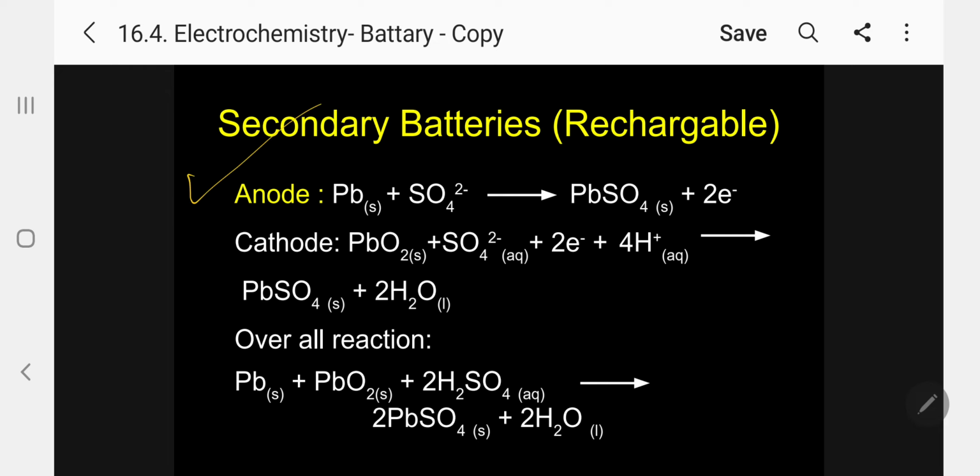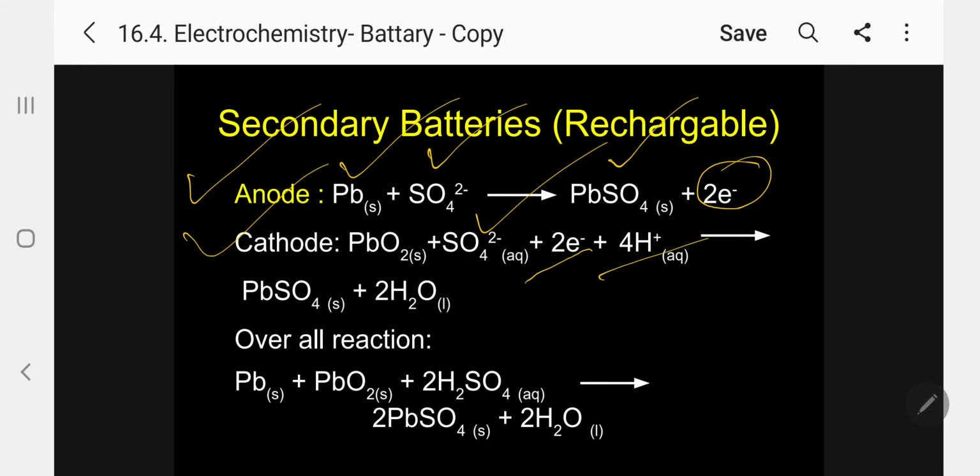At the anode, solid lead reacts with the sulfate ion of sulfuric acid to produce solid lead sulfate, and electrons are liberated. So oxidation takes place. At the cathode, lead dioxide reacts with sulfate ion, again in the presence of electrons and acid medium, sulfuric acid H plus, to produce again lead sulfate and liquid water.